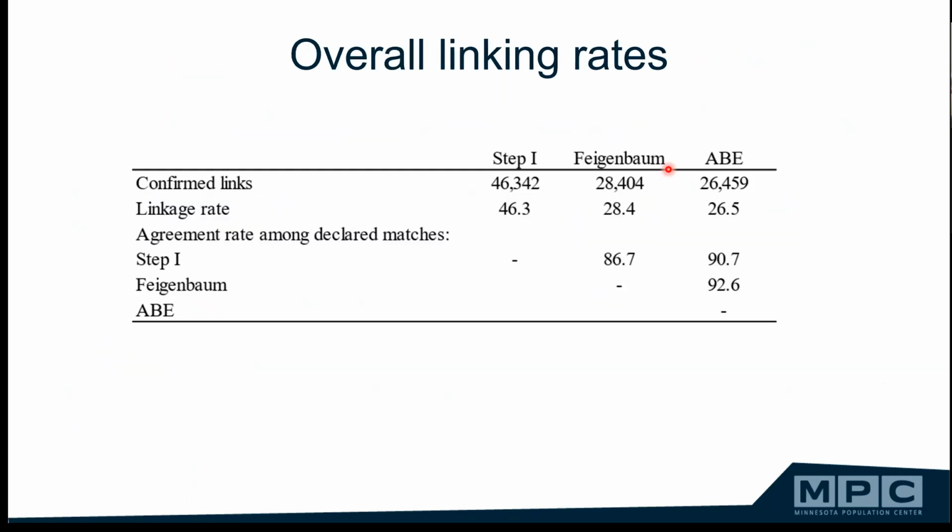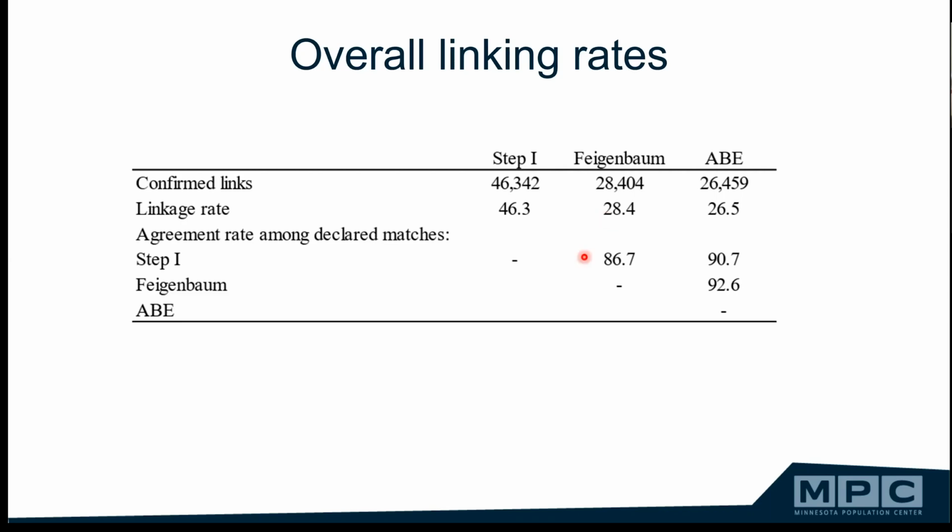So overall, looking at the linkage rates using these 3 different ways, you can see that the confirmed number of links differ quite substantially between the 3 methods. The MLP step 1 links about 46% of these 100,000 individuals. The Feigenbaum method, 28%, and the ABE method, 27%.